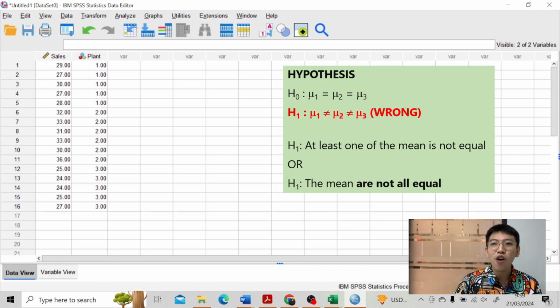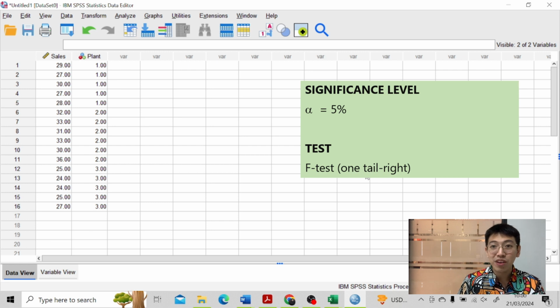The opposite of all means are equal is at least one of the means is not equal. So you can put for H1 that at least one of the mean sales is not equal. Or you can say that the means are not all equal. The significance level will be 5%, and the test we use is the F-test, one tail right.